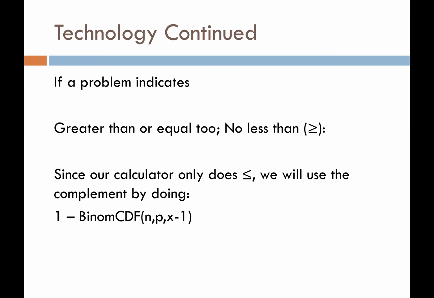If a problem indicates greater than or equal to, or no less than, since our calculator does less than or equal to, we will use 1 minus binomcdf, and we'll also adjust x accordingly because we don't want to include the number that was given to us. It's always 1 minus that.